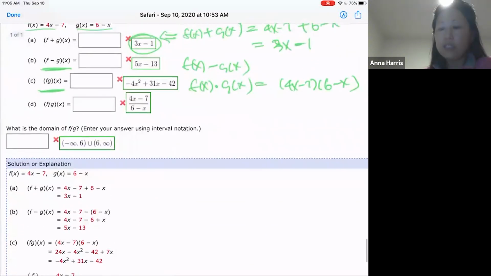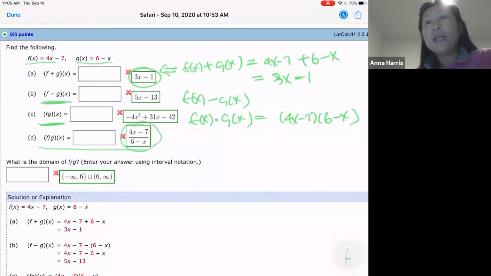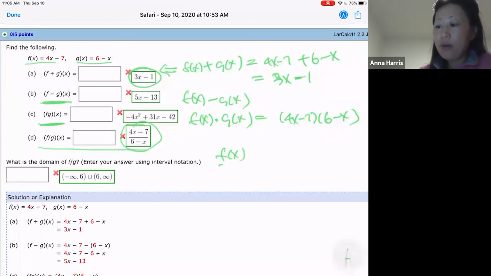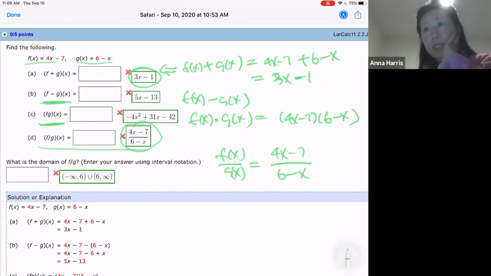That's it. Okay, so over the domain. When you do this problem, you get 4x minus 7 divided by 6 minus x. You tell me which x you cannot use and why. So f of x divided by g of x is equal to 4x minus 7 over 6 minus x. Tell me which x and why. I cannot hear you. Somebody tell me clearly.